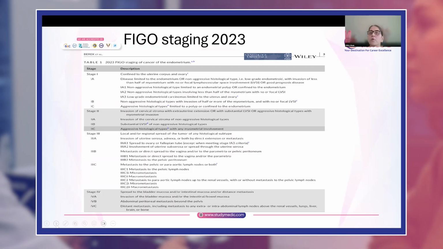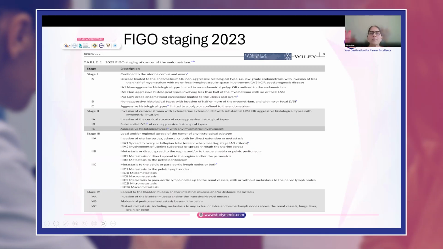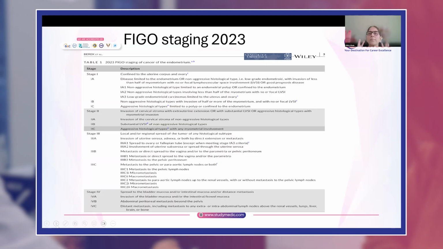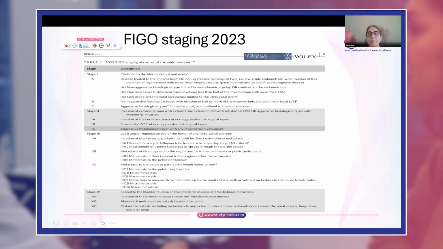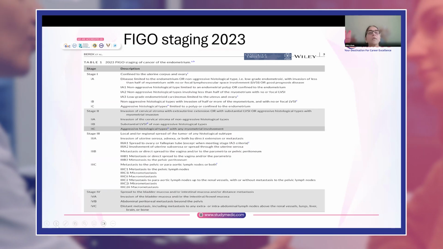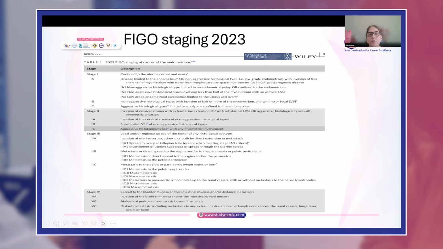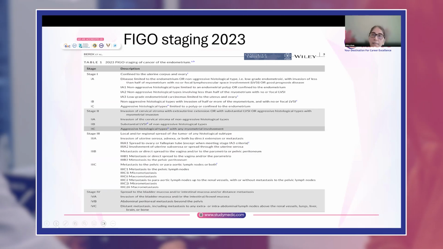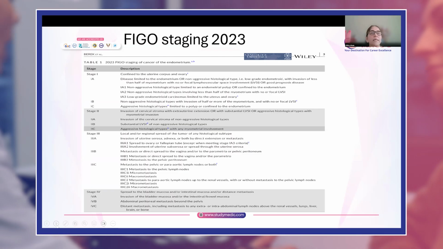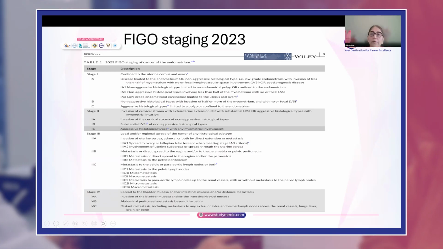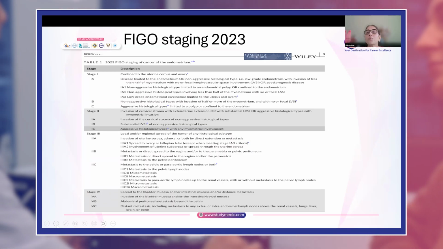As with all stages of carcinomas, we know that whenever the carcinoma is limited to that particular organ, and there is no invasion, it is called stage 1. Similarly in carcinoma endometrium, stage 1 is whenever it is confined to the uterine corpus, remember corpus, and even the ovary.